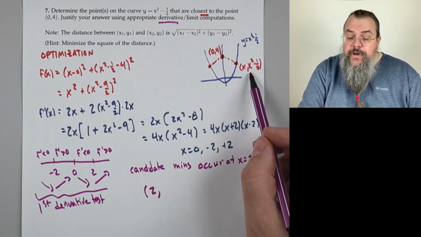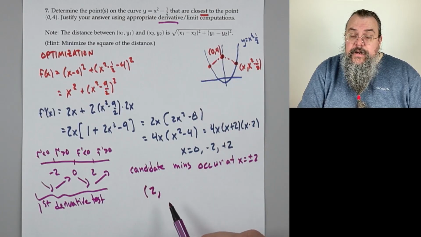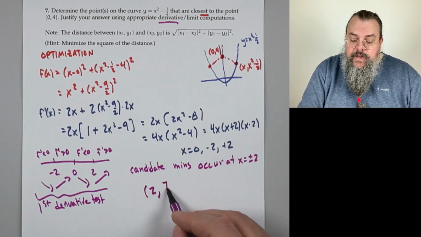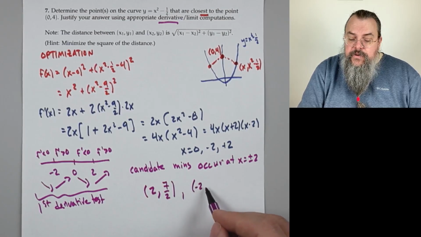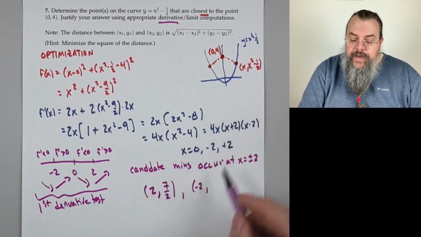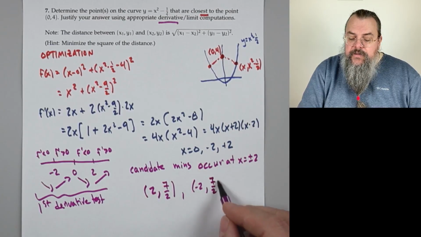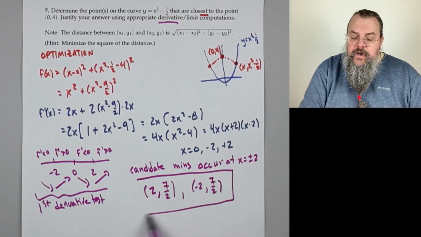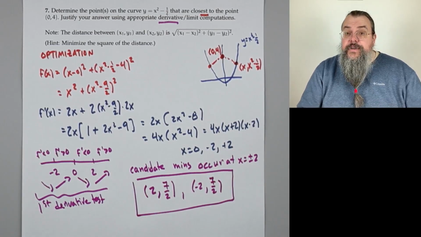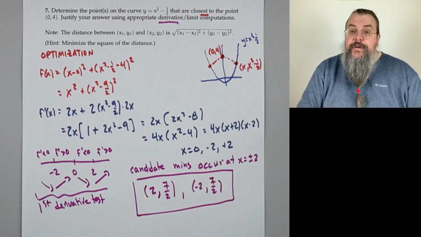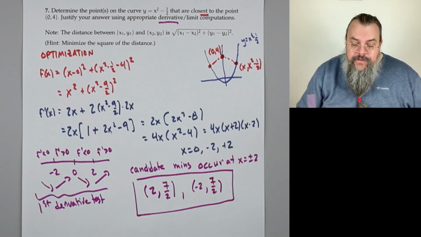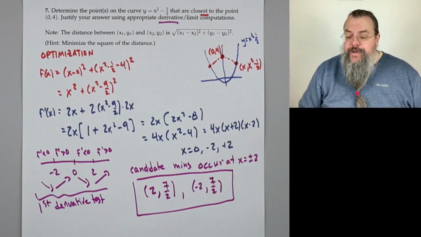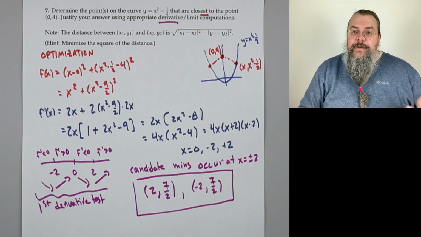Well, 4 minus a half, that's 8 halves minus a half, so that would be 7 halves. Comma, negative 2, and again, 4 minus a half is 7 halves. And so those are the 2 points which are nearest to 0, 4. And they didn't ask us to say what's the distance, so we don't need to find it. They just said, what are the points? So we're good. Life is good.